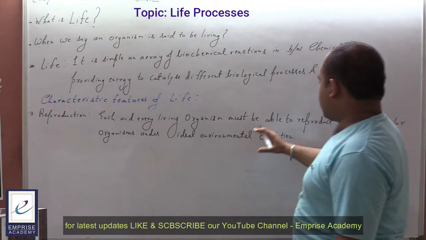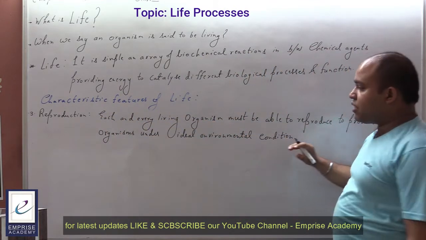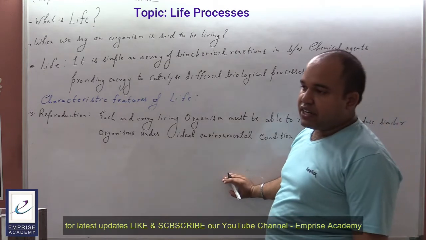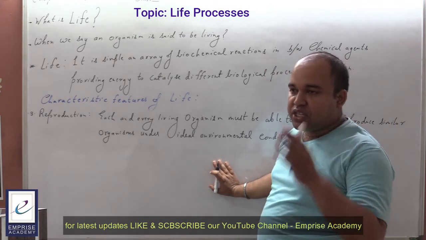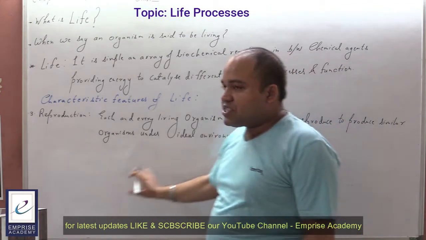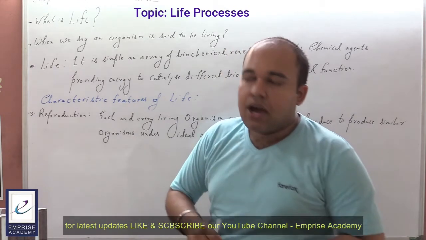Every organism must have the ability to produce a similar type of organism under ideal environmental conditions. This is a key characteristic feature of all living organisms.